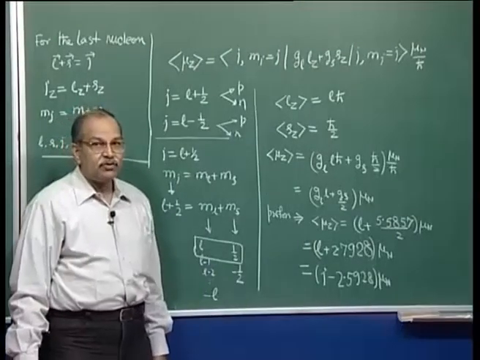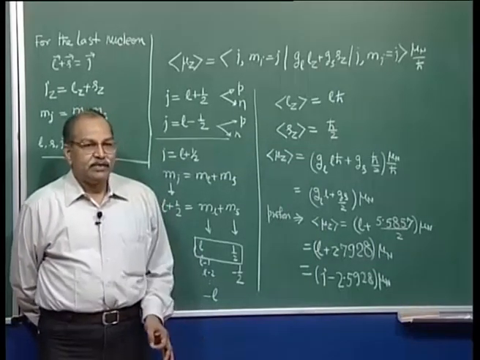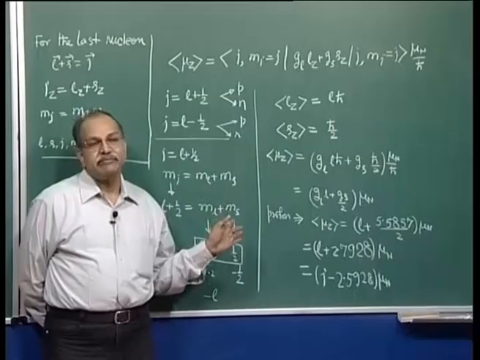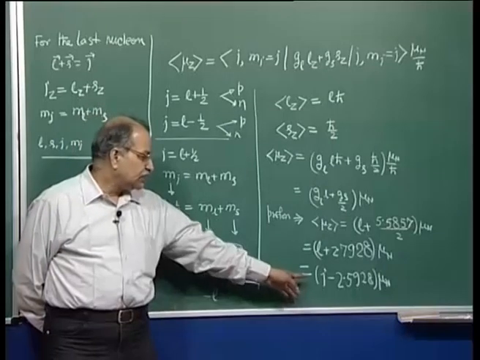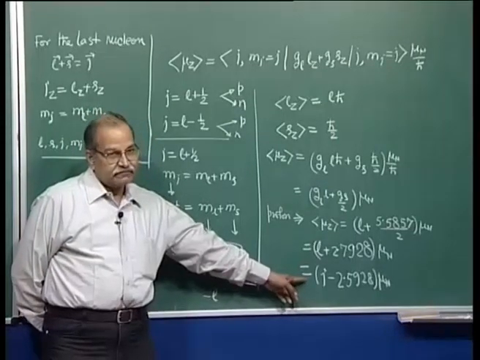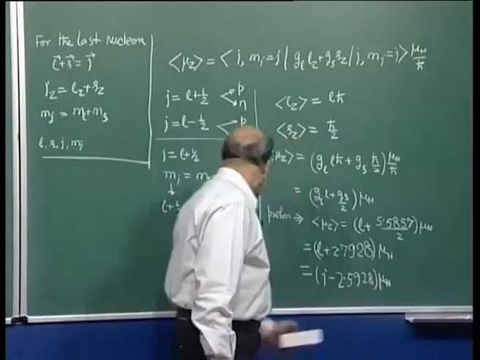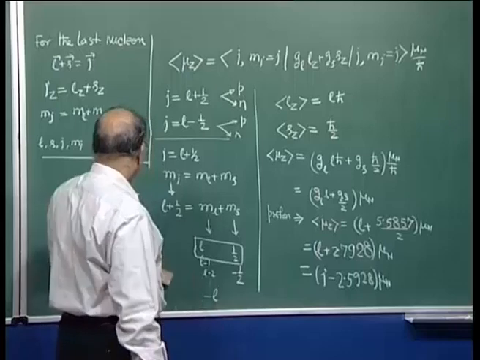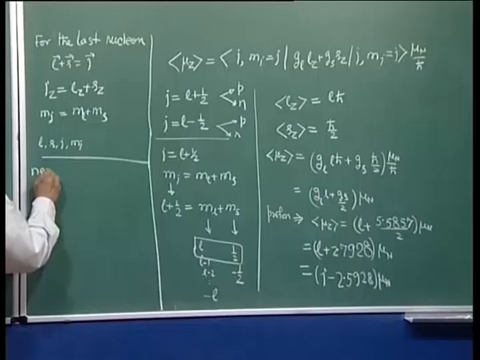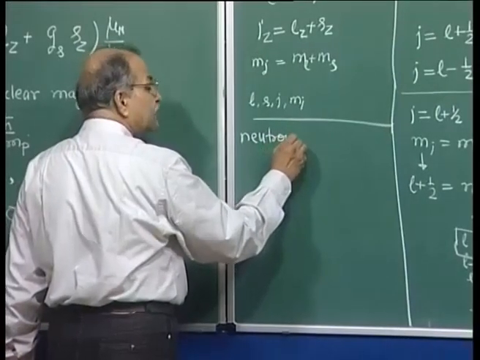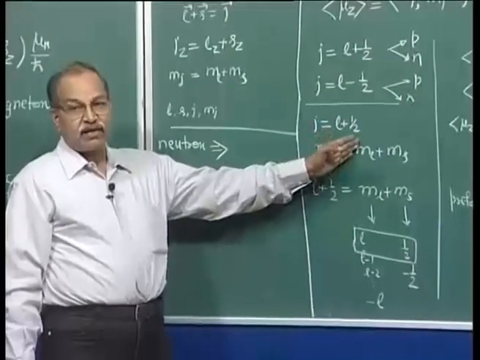So, if the last nucleon happens to be a proton in this odd A nucleus, according to this extreme single particle shell model, the magnetic moment should be given by this expression. And if the last nucleon happens to be a neutron, and we are still discussing the same case, J is equal to L plus half.